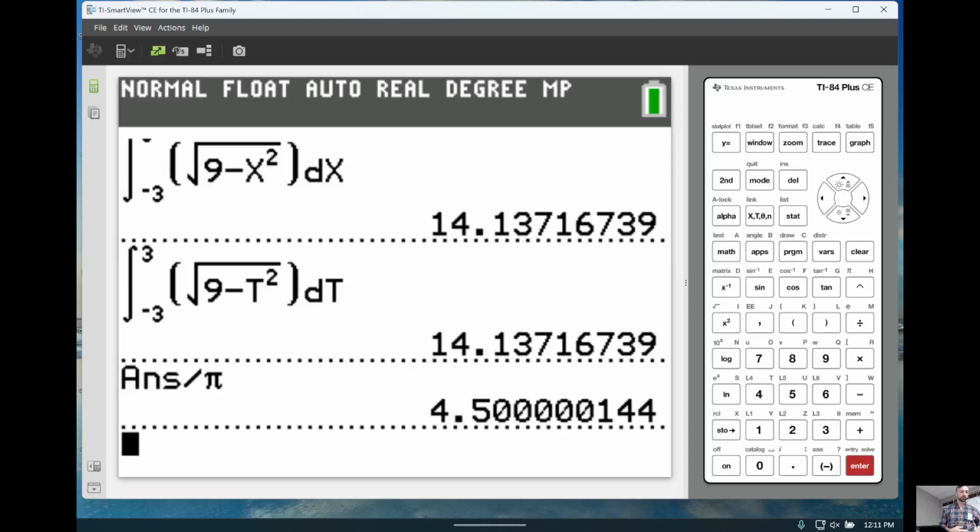So one of the answers is 4.5 pi. You don't really have to worry about dividing out pi. But one other thing to notice is, as good as your calculator is, this computation is tough enough for the algorithm that you can see the calculator has a little bit of a rounding error. It's several decimals out, but it's a tiny bit off. It's actually just 4.5 or 4.5 pi.